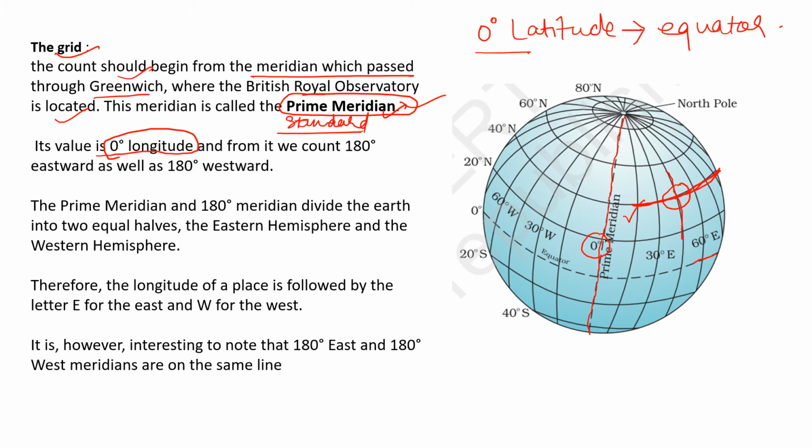This one is the equator. Equator, 0 degree latitude. And for longitude, this one is taken as the standard 0 degree longitude.